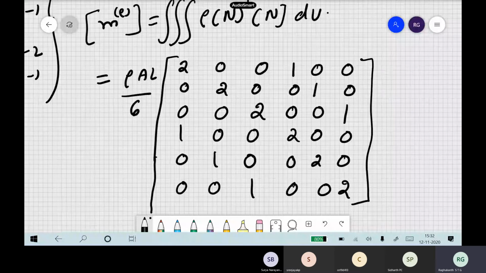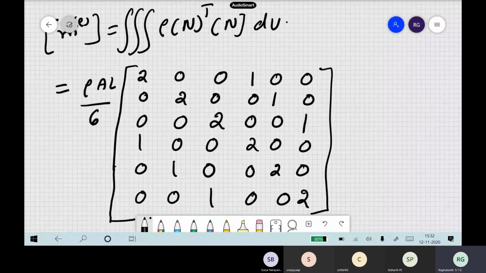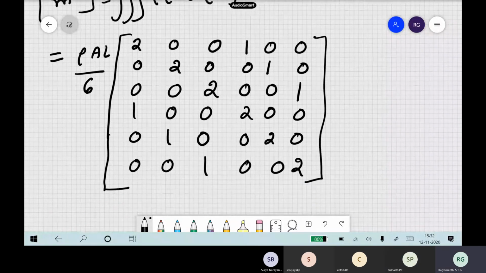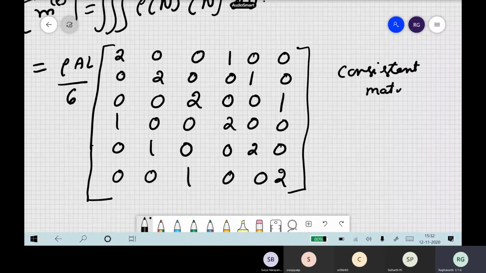What type of mass matrix is it, lumped or consistent? Consistent. Why consistent? By looking at the matrix itself, you should be able to tell. The off-diagonal terms are not 0. If it is a lumped mass, it will be a diagonal matrix.